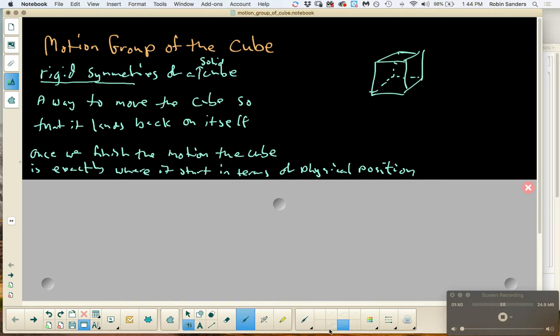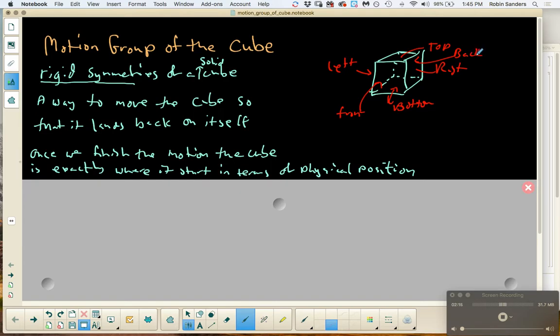Well, what that basically means is that, first of all, we've got 6 faces: a top, a right, a bottom, a left, and a front, of course, and a back.